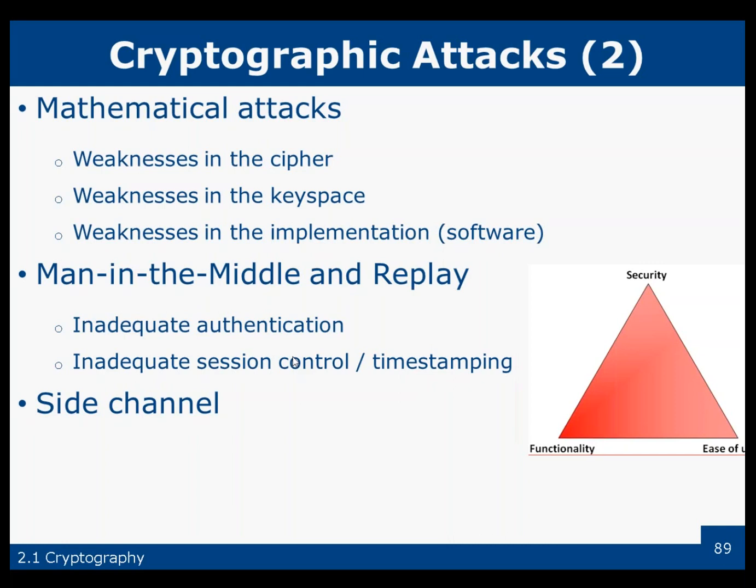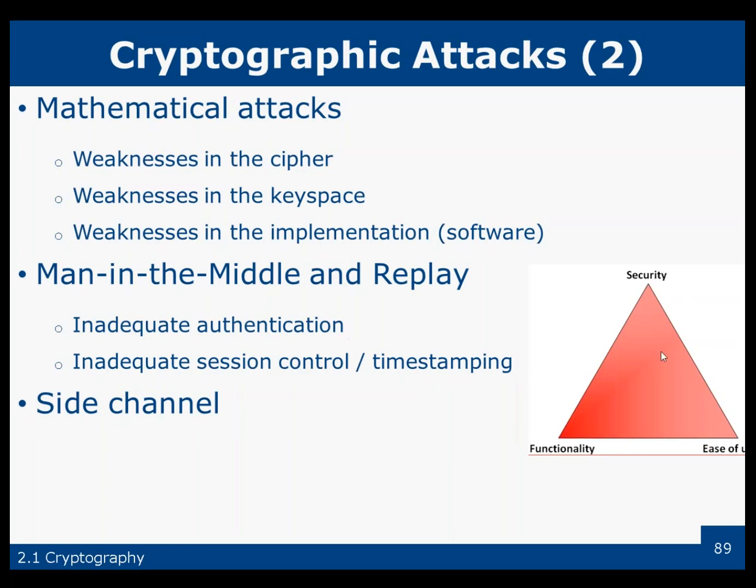And then side channel, which they talk about as being a mathematical analysis. What they do is observe what goes on in these things and then try to decrypt it from there.